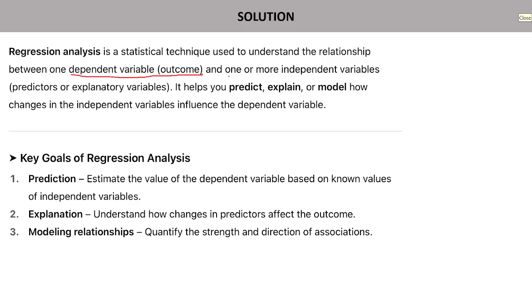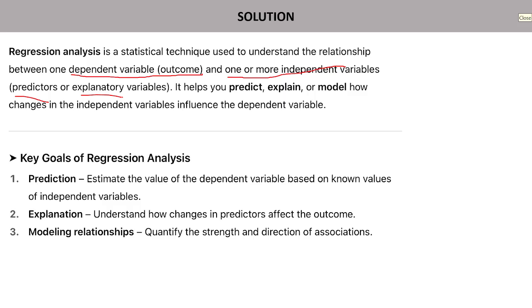The independent variables are the predictors or the explanatory variables. Independent variables will help you predict, explain, or model how changes made in the independent variable will influence changes in the dependent variable.